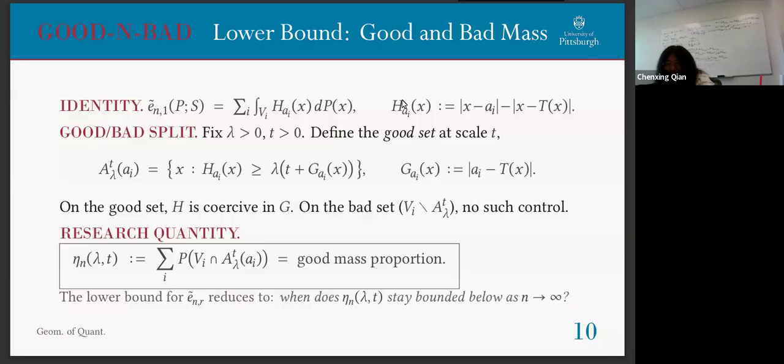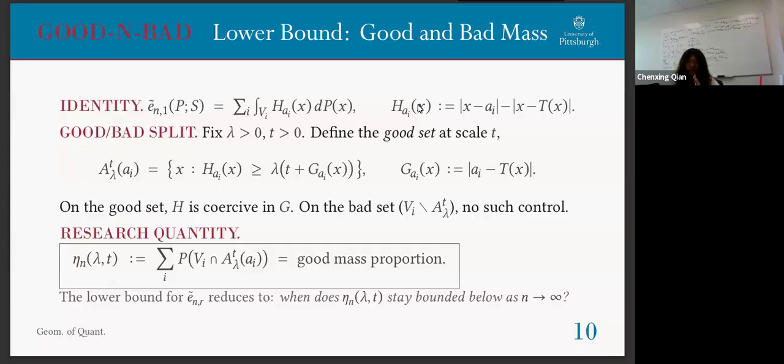And so the aim of decomposing the two functions is, in good Voronoi cells, h is coercive with respect to the quantity g, which means h should have a lower bound with respect to g in some good set.